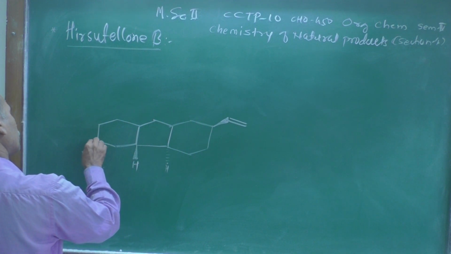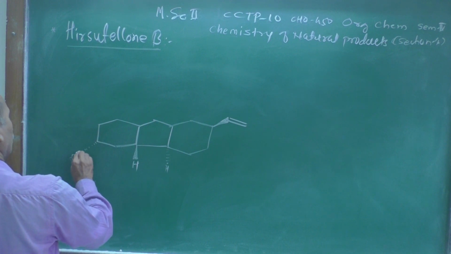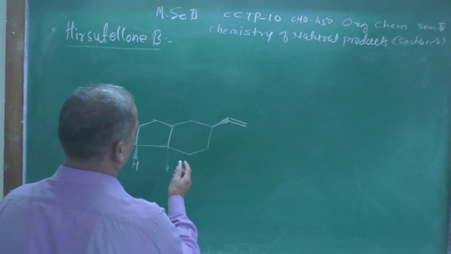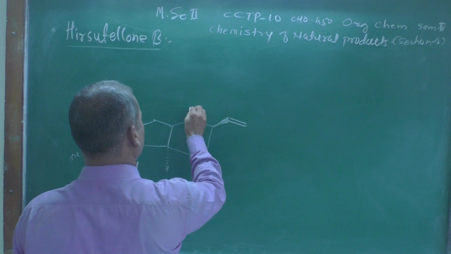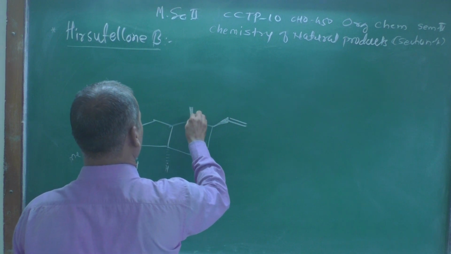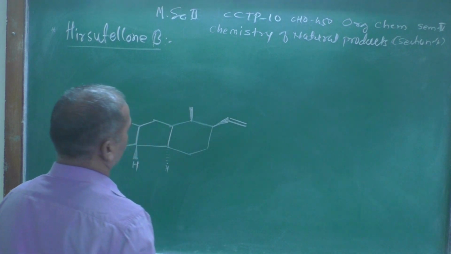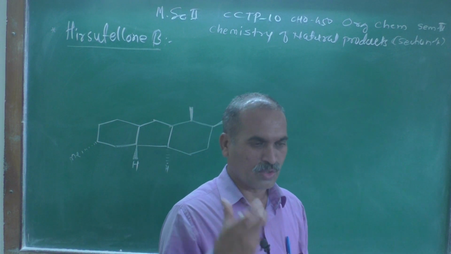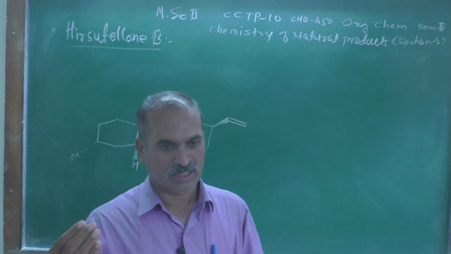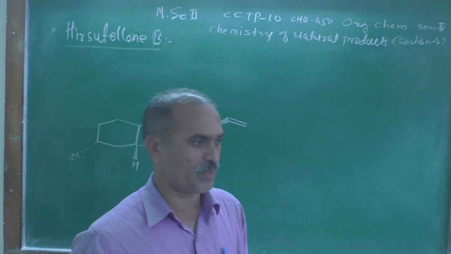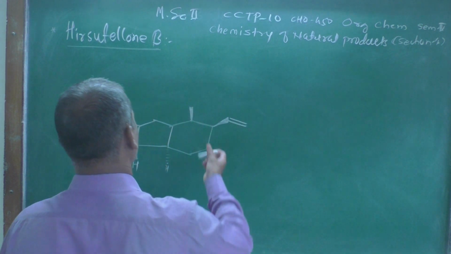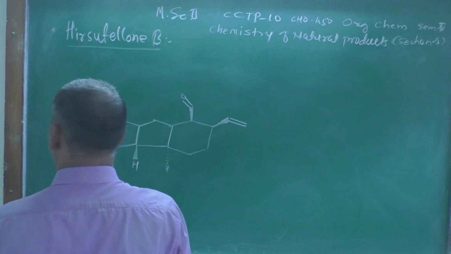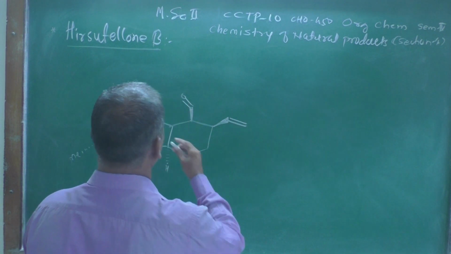Now here I am showing a methyl group. After that, here I am showing this bond because I am representing the molecule in 3 dimensions. 3-dimensional play an important role. How the atoms are arranged or oriented in space is very, very important as far as its structure activity relation is concerned.